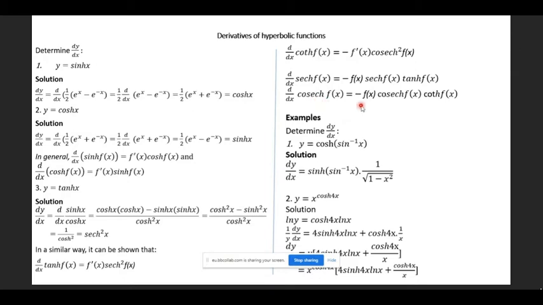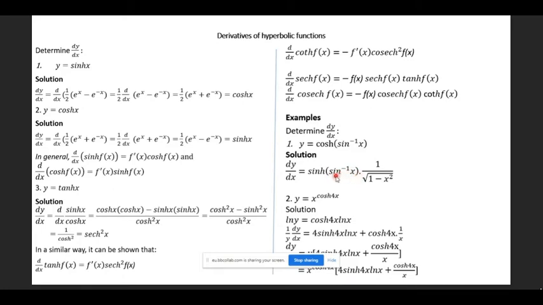An example: if we want dy dx, given that y is equal to cosh of sinh of negative sine, arc sine of x, then dy dx is going to be the derivative of cosh, which is sinh, as we have already said, and it will be sinh of the same expression, arc sine.